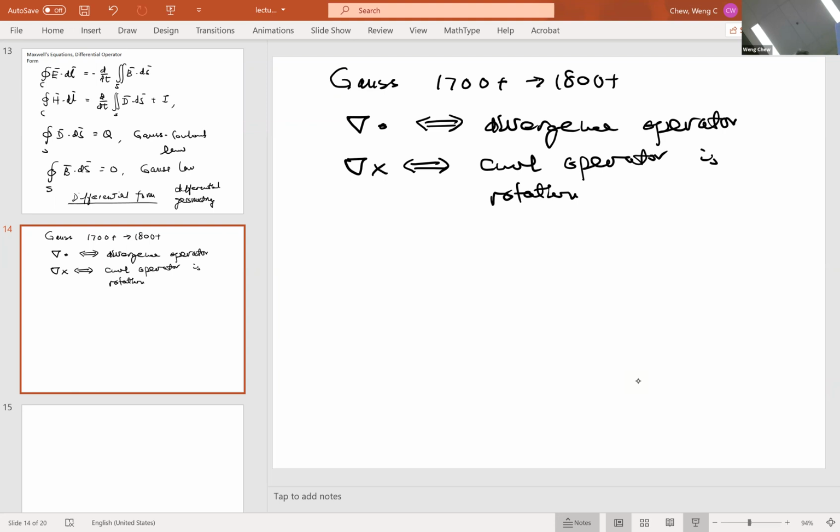So the divergence operator is defined in the lecture note. Divergence of a flux B is defined to be: take a very small volume, perform this operation, that is, integrate the flux.